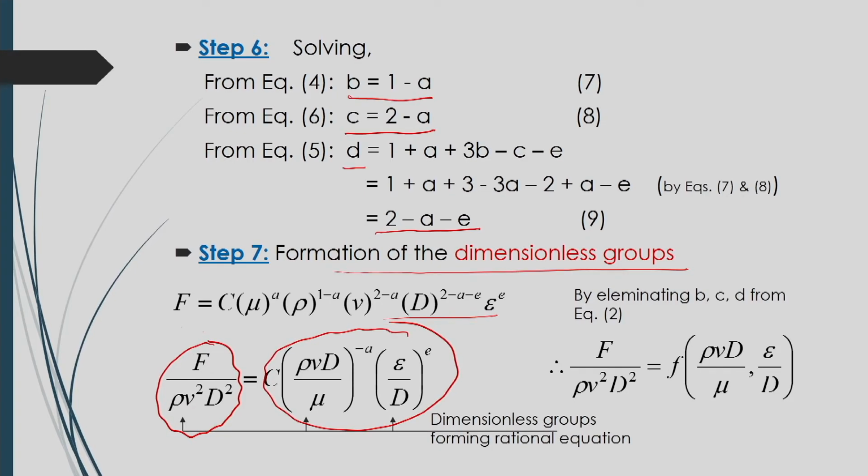So, in this case you will see that this one is one group and this one is one group, where these groups are made dimensionless.